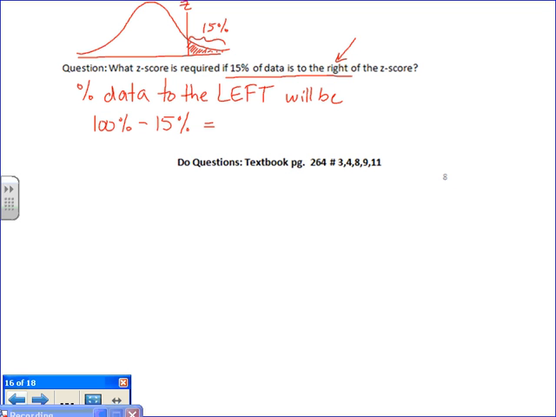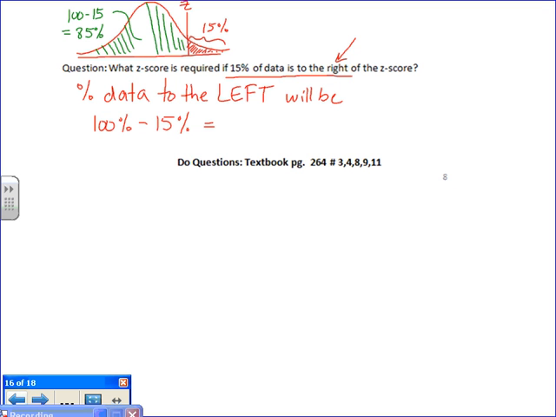Well, remember that the total area under your curve represents 100% of your data. So this shaded area to the left, which is what you want to look up on your z-score table, is simply going to be 100% minus 15. So 100 minus 15 is going to give us 85%.